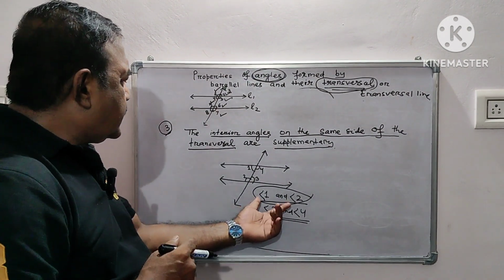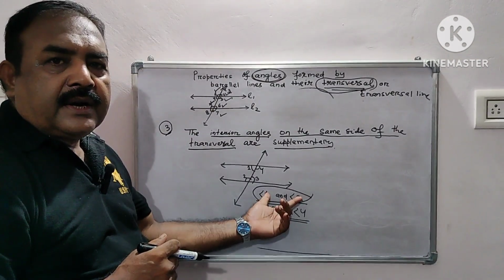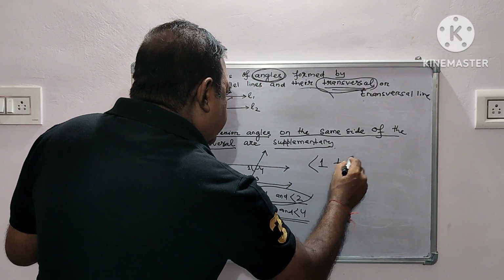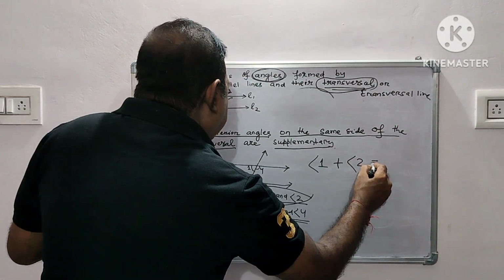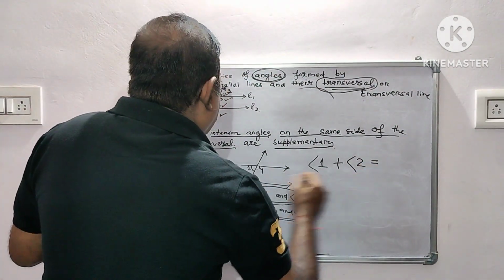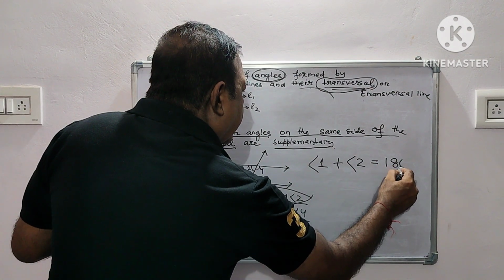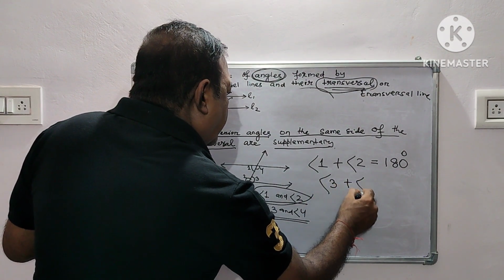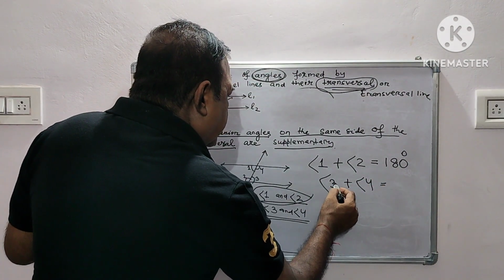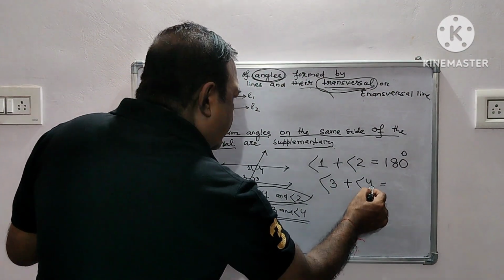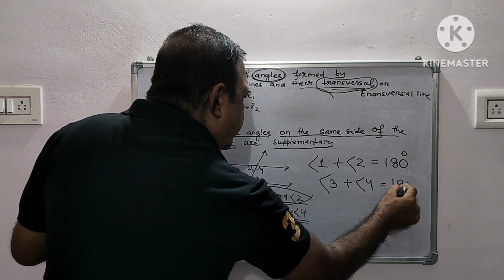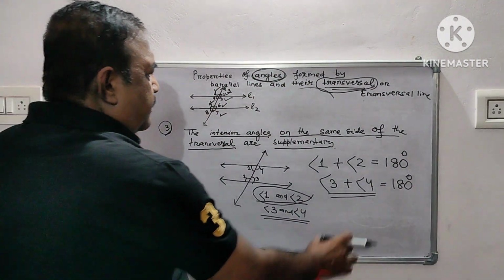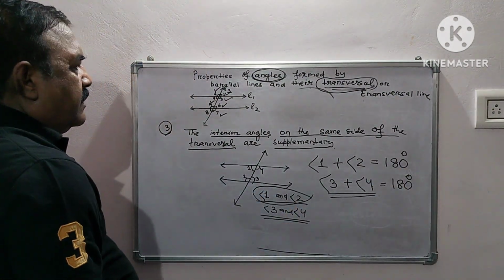That means the sum of the measures of the 2 interior angles is equal to 180 degrees. That means measure of angle 1 plus measure of angle 2 is equal to 180 degrees. Or measure of angle 3 plus measure of angle 4 is equal to 180 degrees. Both the angles are supplementary to each other. Sum of their measures is 180 degrees.